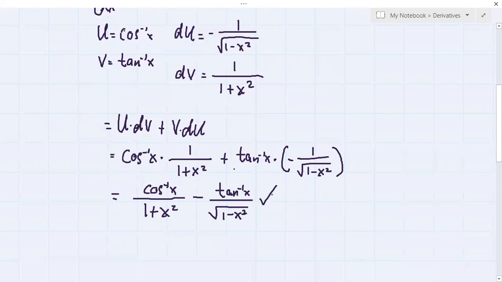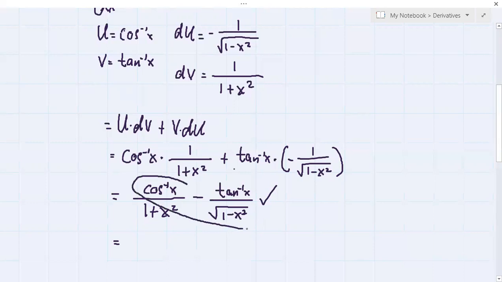Pwede na to. But if you want to form them into one whole fraction, since dalawa silang fraction, tapos gusto mo silang i-combine into one, pwede naman. You need to apply butterfly technique. Okay? So how to apply butterfly technique? You're just going to cross multiply, then multiply the two denominators. So let's try that.